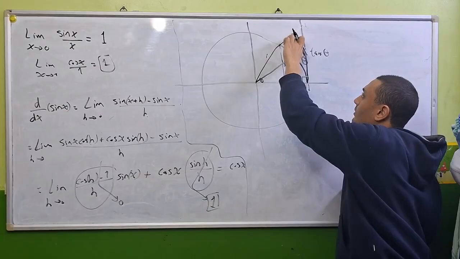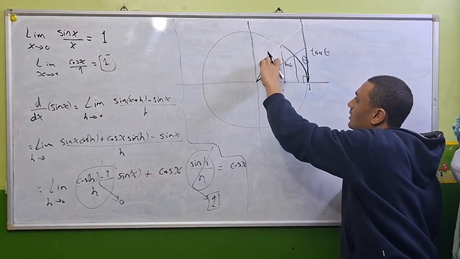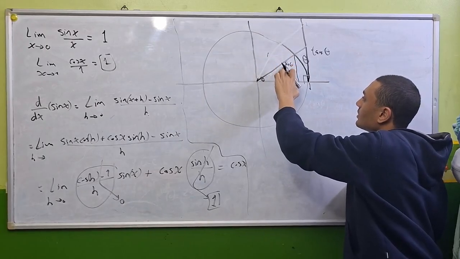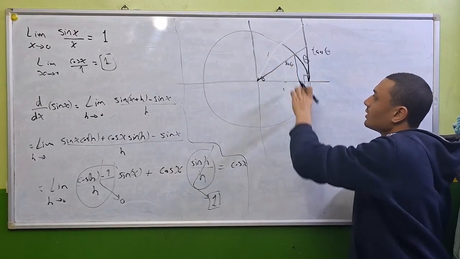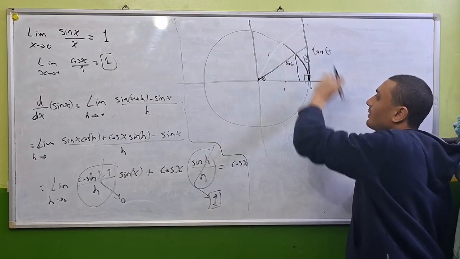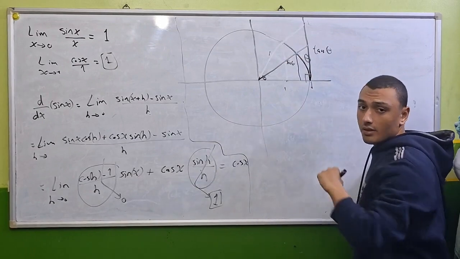So never mind about this whole one. We decrease theta. Okay, everything is alright. So this height is sine theta, and this height is tangent theta. So the arc length is theta.